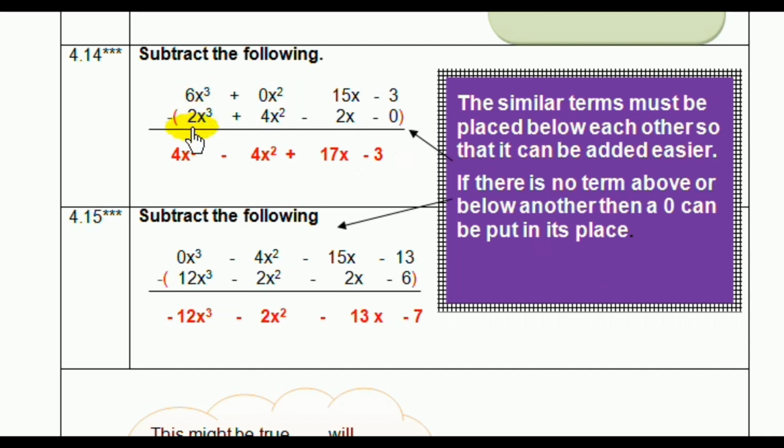There's a 6 of them and a 2 underneath, and all those are x squares. Those have the x's, and there's your constant at the back. Now we have to subtract it, so the signs are going to change. Take that minus, multiply it with the first one, get minus 2x cubed, and add it to the 6 of those on top.